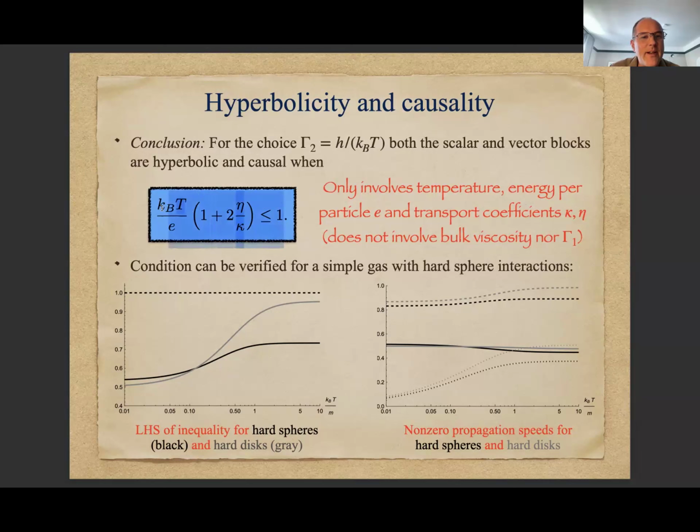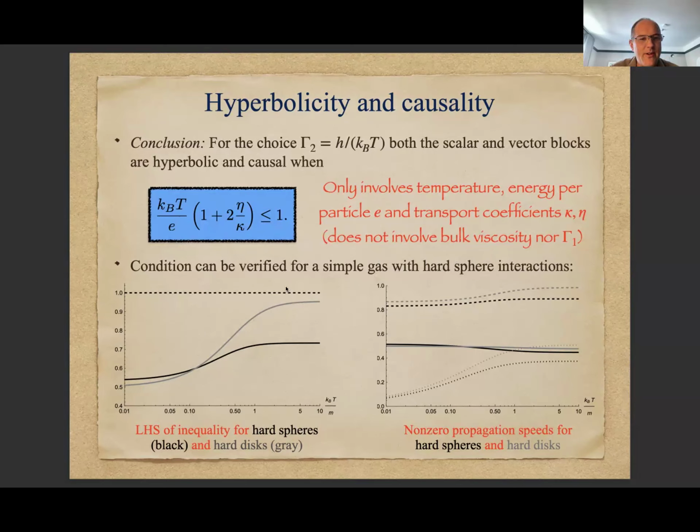Okay, and now you can ask, well, is this a reasonable condition? At least for the simple gas with the hard sphere interaction, you know explicitly what all these quantities are, and then you can just plot this. On the left plot I show you the left-hand side of this expression. This is the black line here.